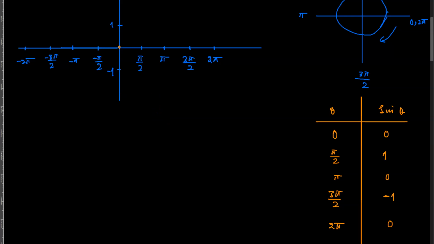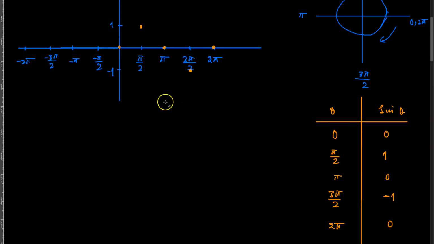Now, as you can see, sine of pi by 2 is equal to 1. Sine of pi is equal to 0. Sine of 3 pi by 2 is equal to negative 1, right here. And sine of 2 pi is equal to 0.